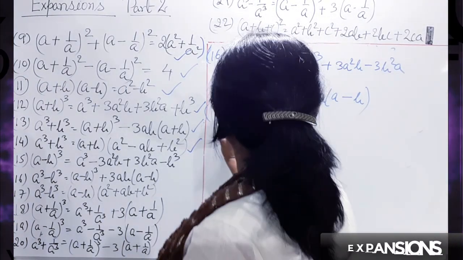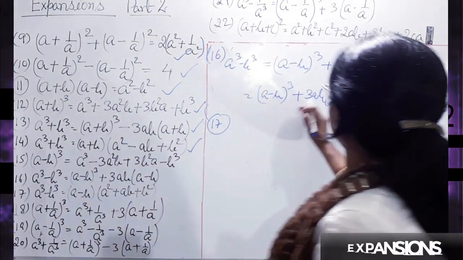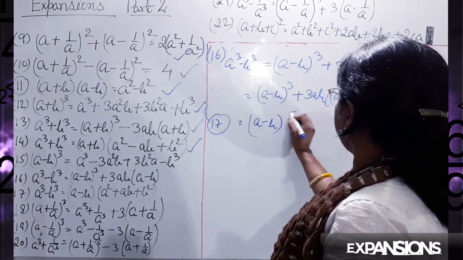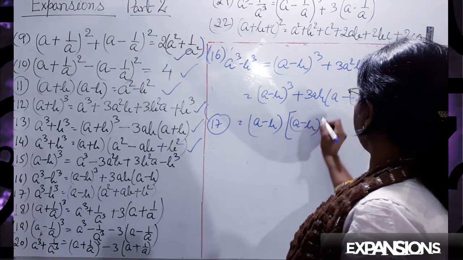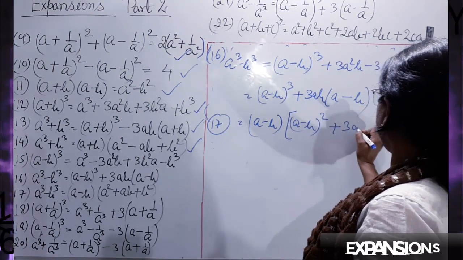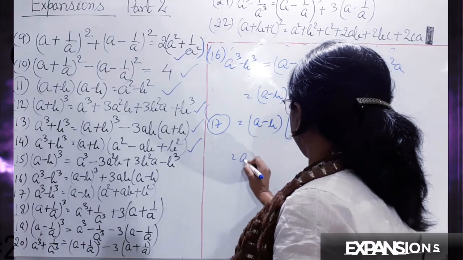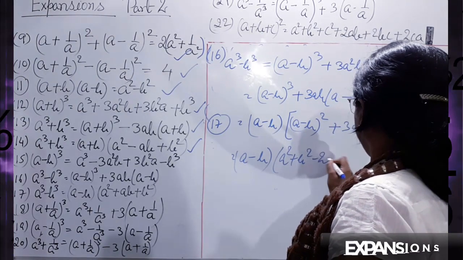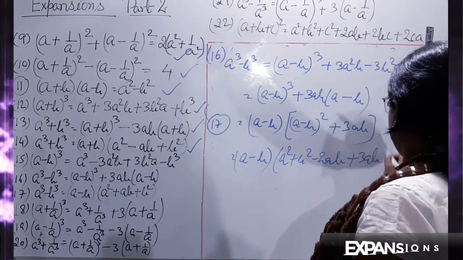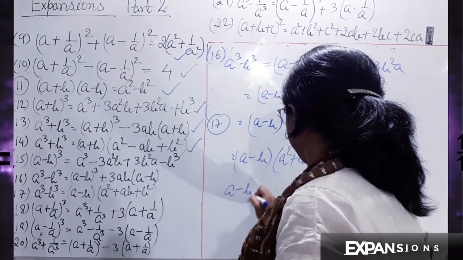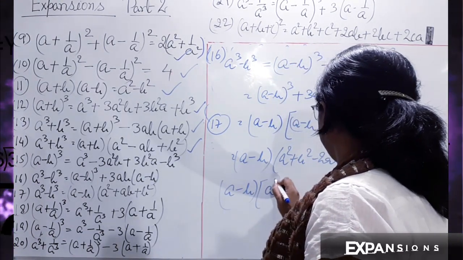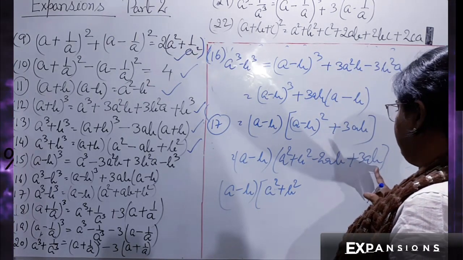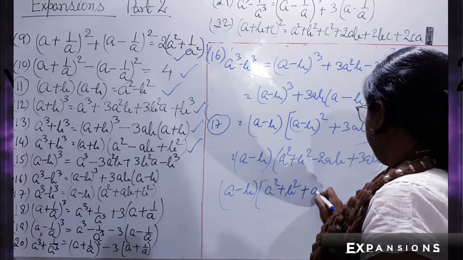And 17 number is one more step proceed is equal a minus b is common, then a minus b whole square plus 3ab is equal a minus b into a square plus b square minus 2ab plus 3ab, that means plus ab.